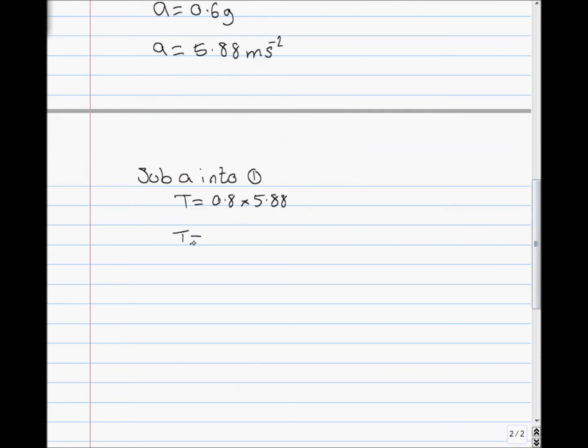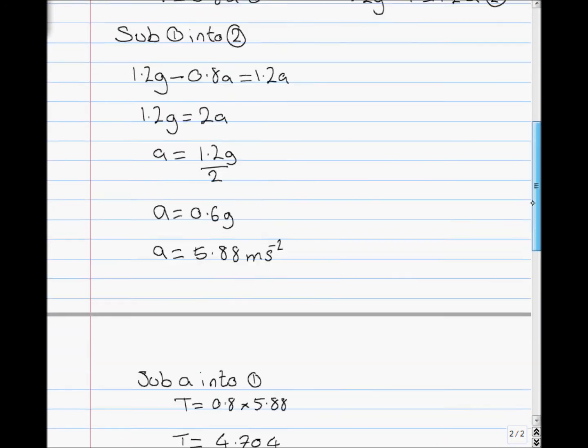So T equals, calculator again, 4.704, and I'm going to put it into 3 significant figures, so I've got 4.70 newtons, don't forget the units, and it's to 3 significant figures. Okay, so that's part A done.